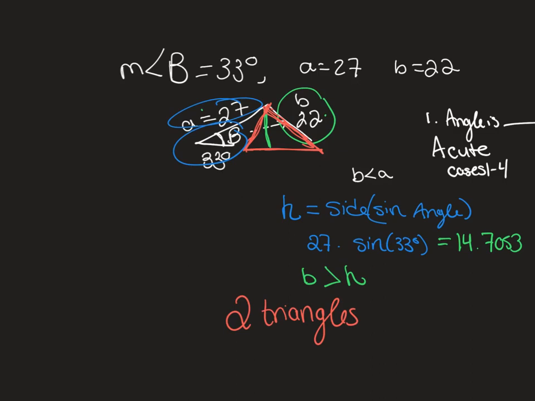Let's try another one. I'm going to skip number 3. Let's try number 4. So now we're on number 4, and it says that my angle B is 95 degrees, that little b, my side, is 24, and that little a is 5.